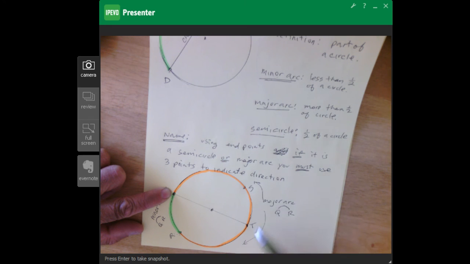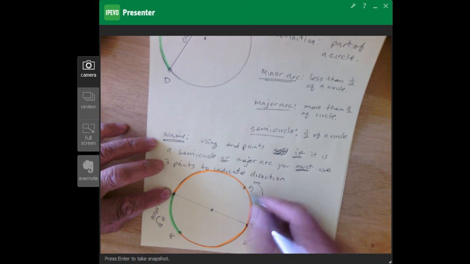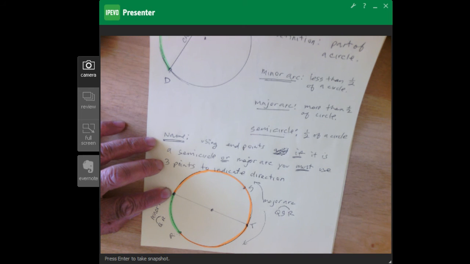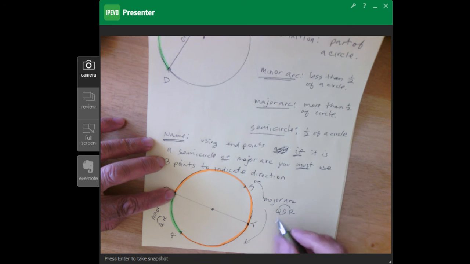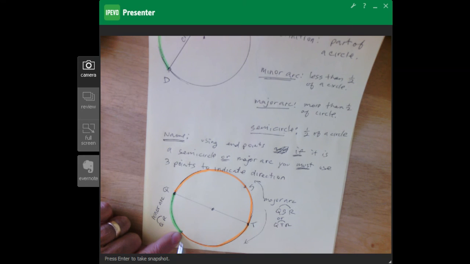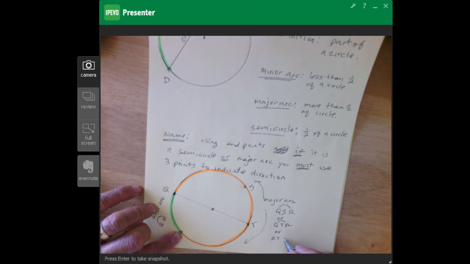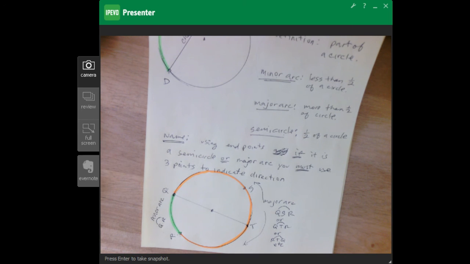We have to go through this way. So we're going to have to include one of these points. It doesn't matter which one. S would work. That means that the only way we can go through S and end up at R is if we go this direction. Same thing if we used T. And again, order really doesn't matter. We could say R, T, Q, etc. Okay? So that's how you name a major arc.